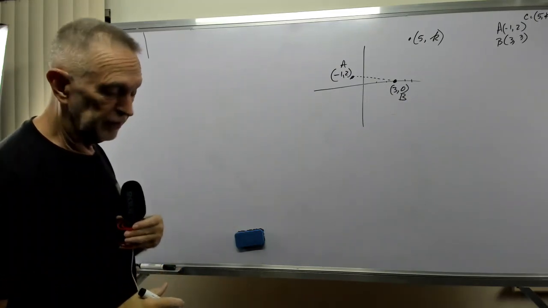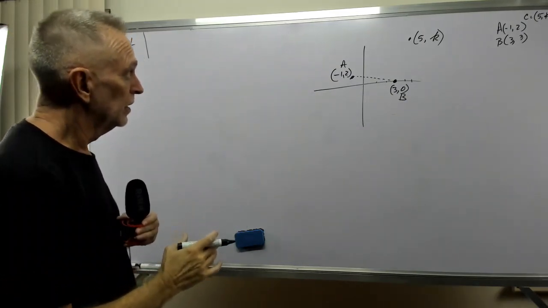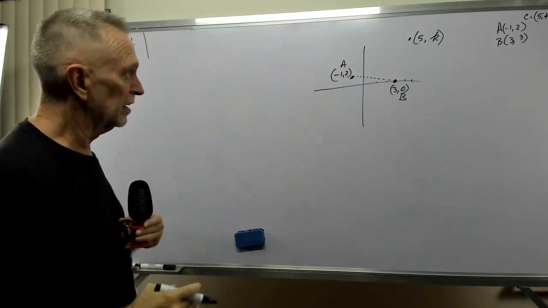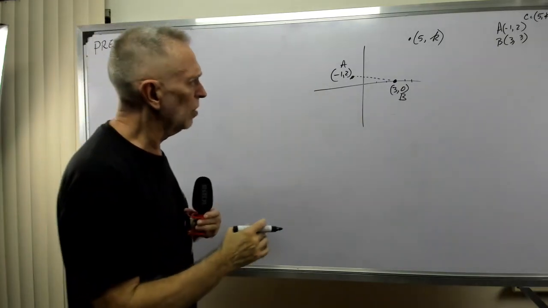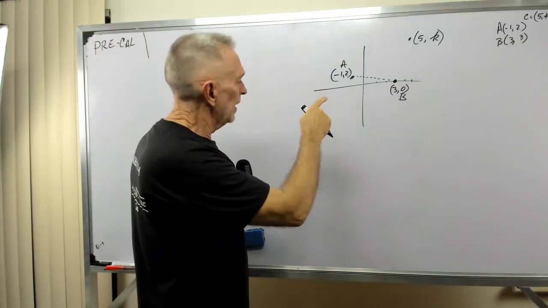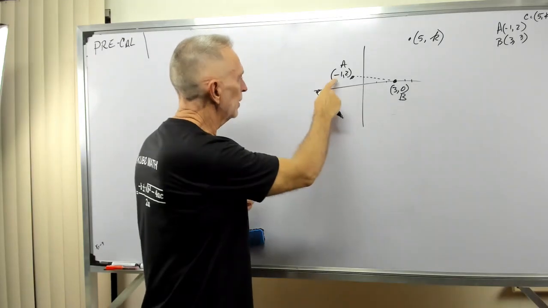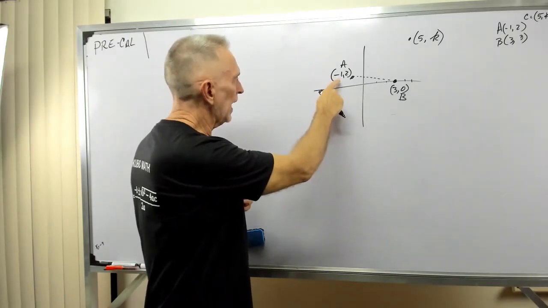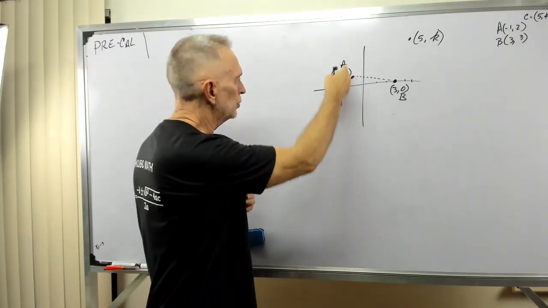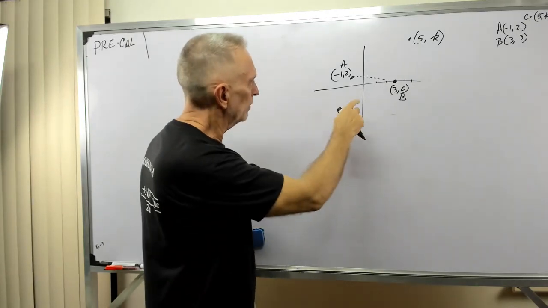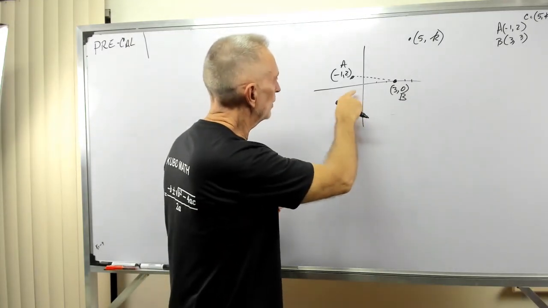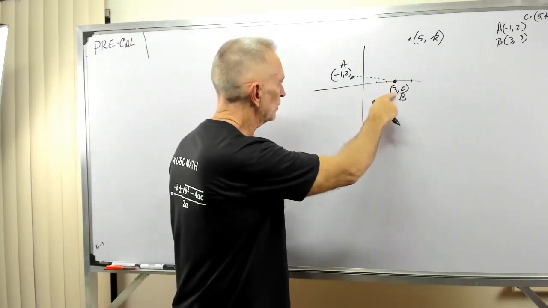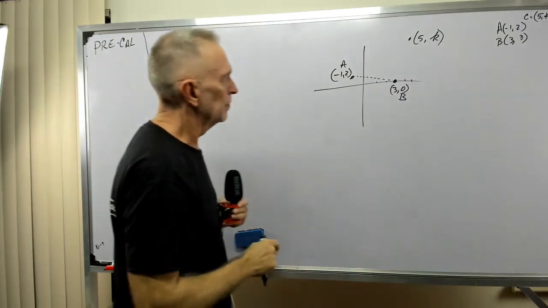Okay, we've got a second problem here, and sorry for pausing, I'm just trying to keep the videos from getting too long. Okay, we have 2 points that are defined. We have point A, it's negative 1, 2, and then we have point B, which is x equals 3, y equals 0.